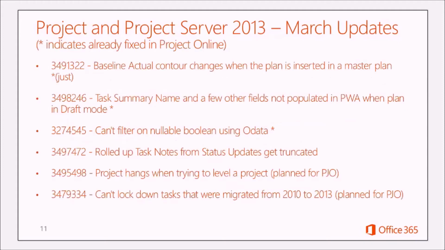Okay, so for the March updates, as I was going through this list here and trying to figure out what we should talk about, you're probably thinking, well, we haven't had one of these sessions here for a number of months, and so there's the February update, there's the December update, and so forth. And I thought about, well, how can we put all of those updates onto this slide as well?